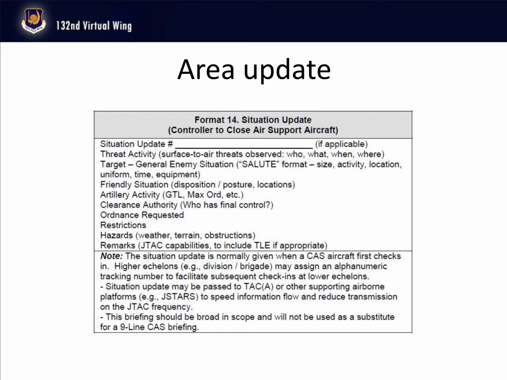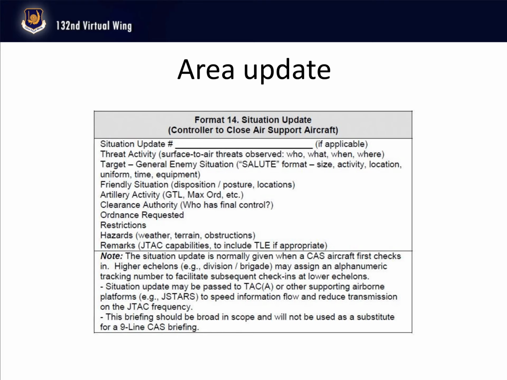Friendlies are two companies. This is the very general situation. After that comes the ground force commander's intent. The intent is to take out main battle tanks and command vehicles. So in two lines, you already have a general sense of what we are expecting you to do. After that come all the details that are shown here.